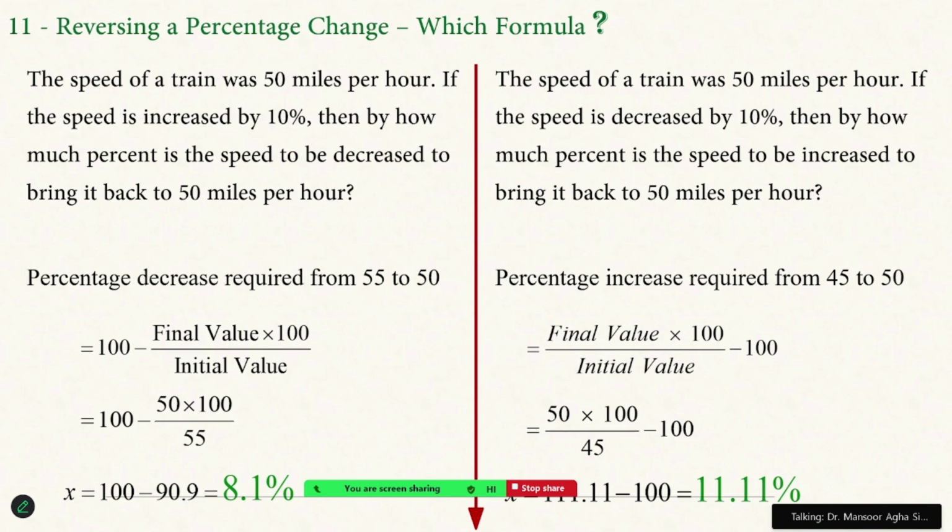Compare both the questions, compare the solutions, compare the formulas, understand what is final value and initial value in both the cases, how they're different, and how we end up getting different answers. This value should be 9.1, not 8.1. Are we clear?